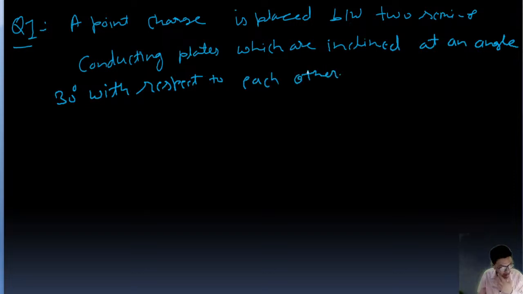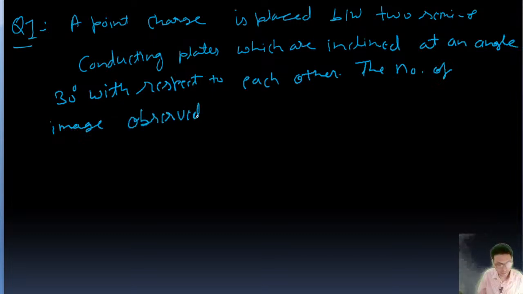The number of images observed is, okay. Very good question, guys. So this is the question: a point charge is placed between two semi-infinite conducting plates, which are inclined at an angle of 30 degrees with respect to each other. You need to find out the number of images observed.